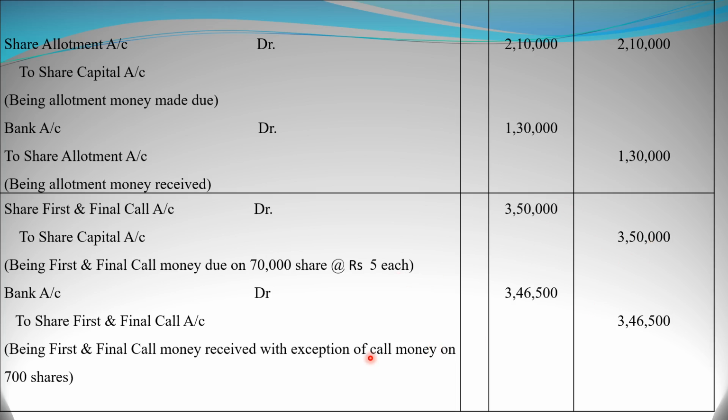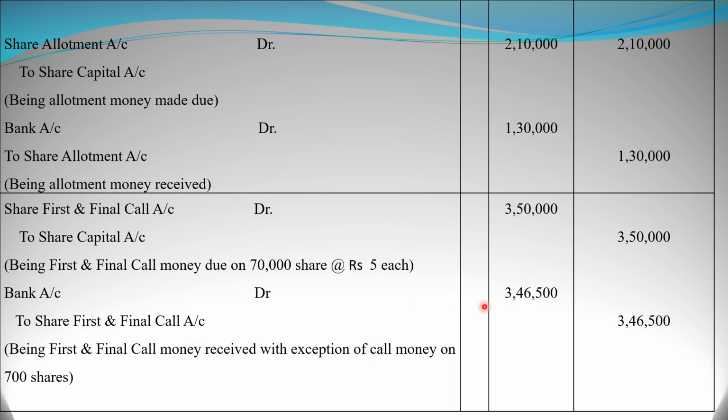One shareholder failed to pay this first and final call and is holding 700 shares. So 700 into 5, 3,500 is the arrear. Here you can show the net amount without showing calls in arrear, but if you want, you can show the calls in arrear also. Bank account debit, calls in arrear account debit, to share first and final call account.